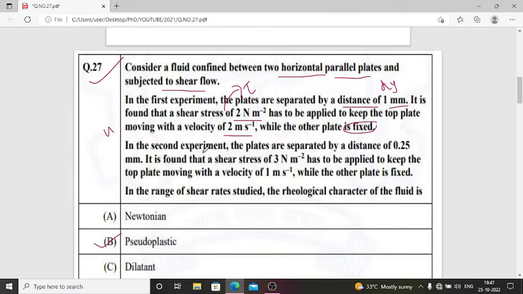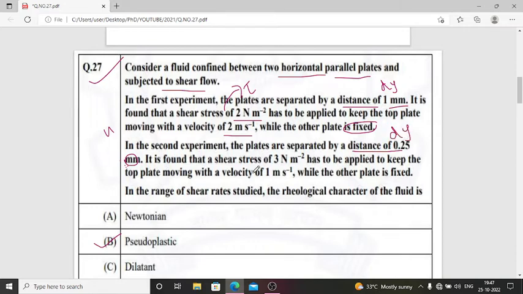In the second experiment, the plates are separated by a distance of 0.25 mm. 0.25 mm is equal to 0.25 into 10 to the power of minus 3 meter. So this is denoted as dy.